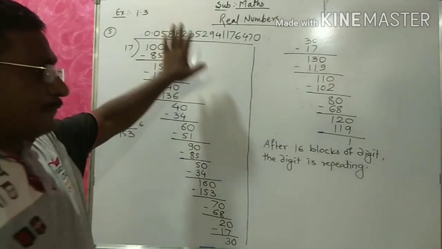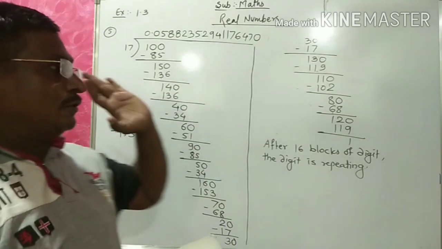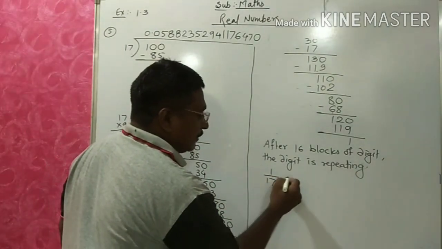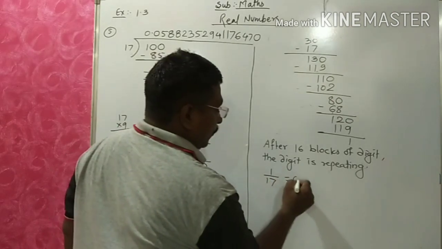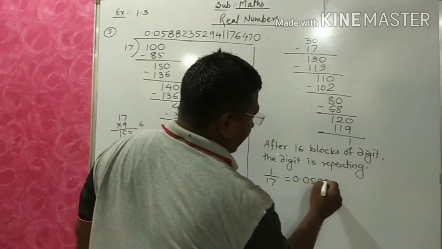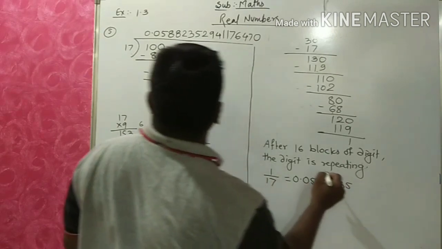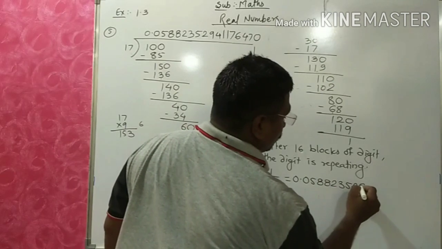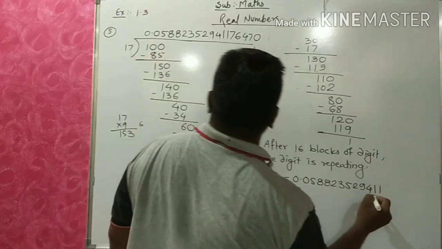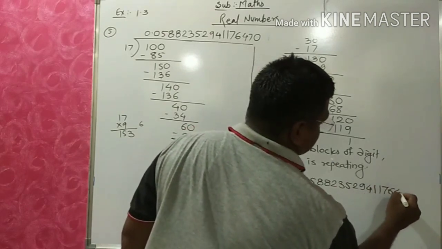Understood, students, how to perform? So till the repetition we have to write. So what will we get? 1 by 17 equals 0.0588235294117647.